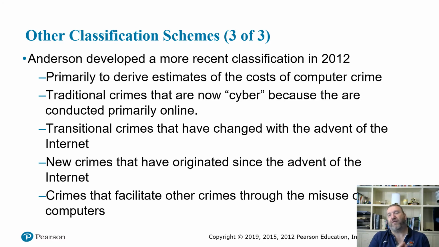And what are we talking about in transitional crimes? These are crimes that are moved from the traditional world into computer crime: stalking, money laundering, all those things that you've been doing for years and years, and now we do it online. And then there are new crimes that have originated since the advent of the internet.